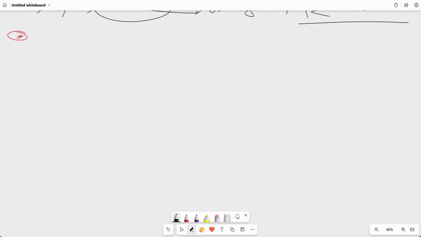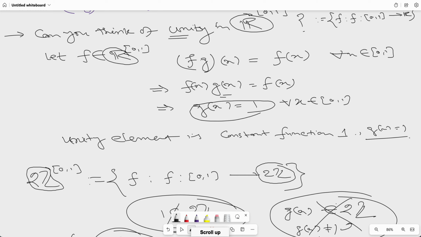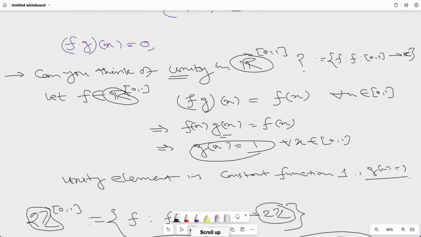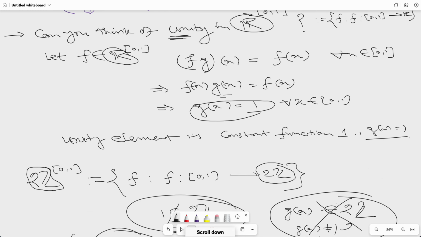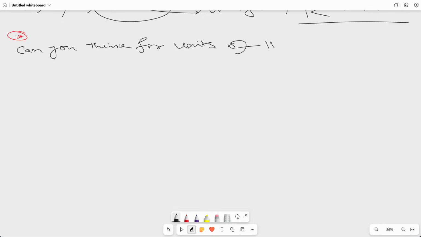I told you about unity. Now can you think about units? I am going back to the question. Can you think about units of R[0,1]?